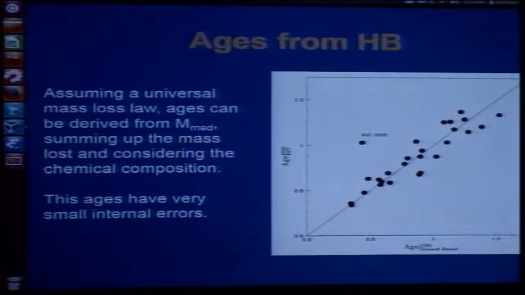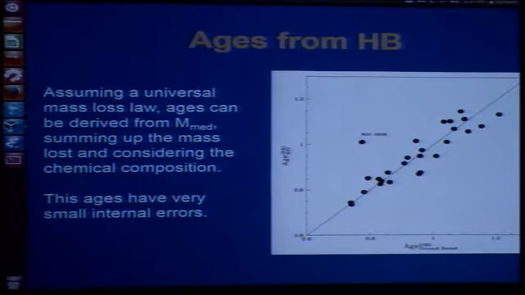And okay, using this mass loss law, I can go the other way: start from the median mass of the stars along the horizontal branch, consider the mass loss law, and then try to derive an age for these objects, assuming that they have the same helium but different iron, the iron that we know for each cluster. And this is what I derive.